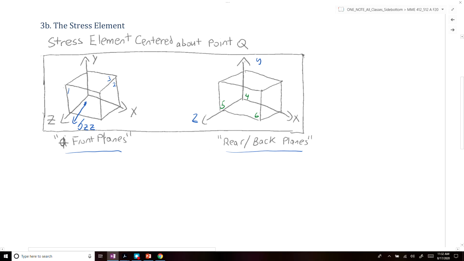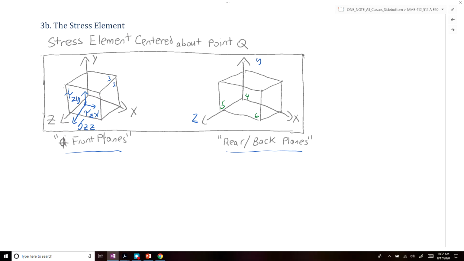Since it is a front plane, we'll draw its shear stress as being positive along the positive y-axis. So this would be tau zy, and then it will have tau zx. Those are the 3 stresses along the positive plane along the z-axis.